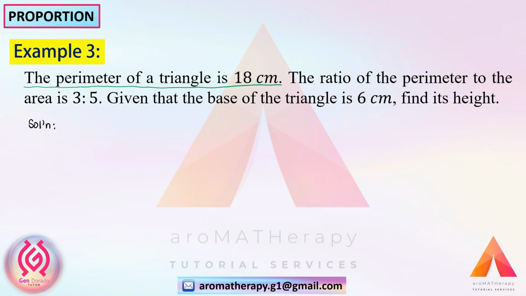So you have here the perimeter of a triangle is 18 centimeters. Let's write the given. Perimeter is equal to 18 centimeters. Now read the second sentence. The ratio of the perimeter to the area is 3:5.